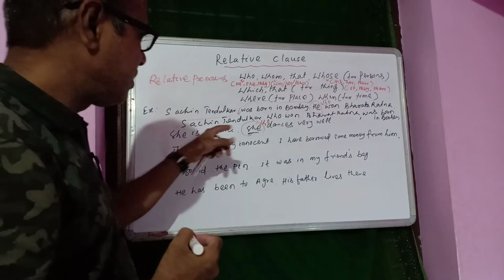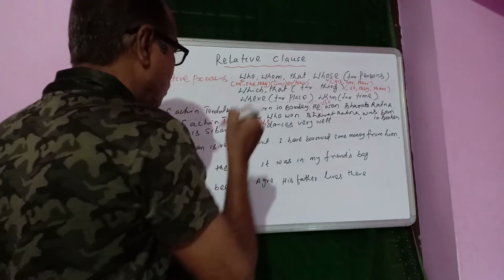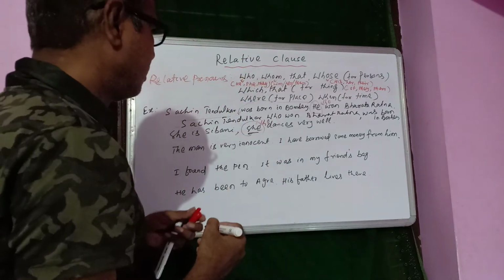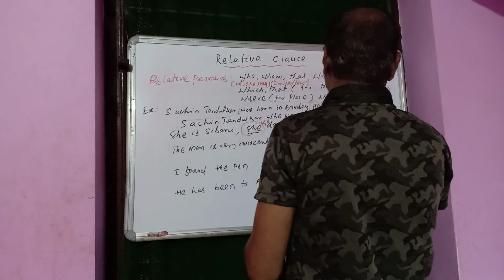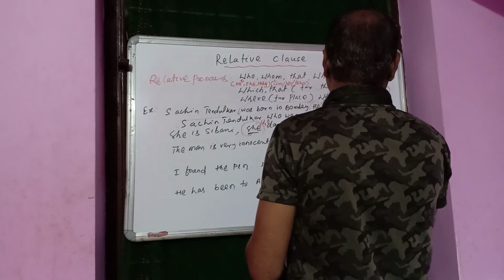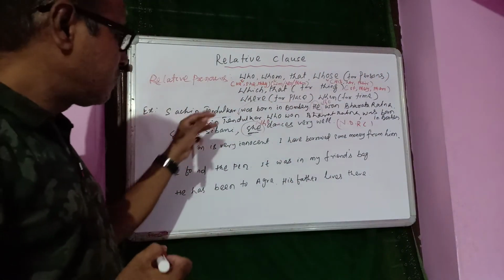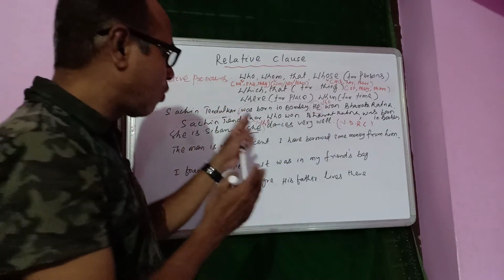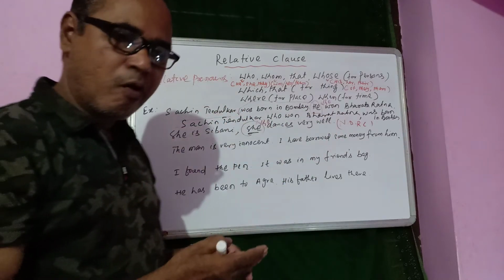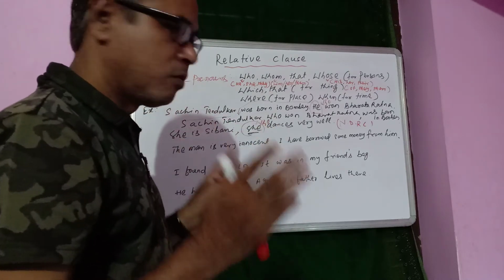She is Shivani, who dances very well. Here we can use a comma. This is also a non-defining relative clause. As it comes at the end of the complex sentence, only one comma is used before this clause.